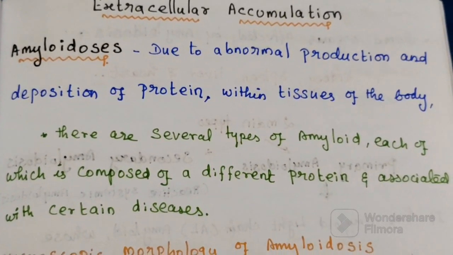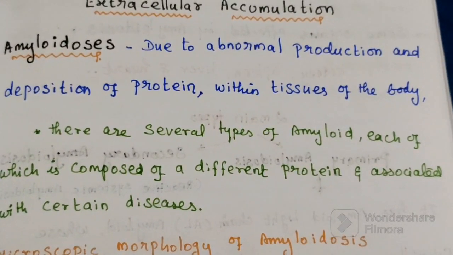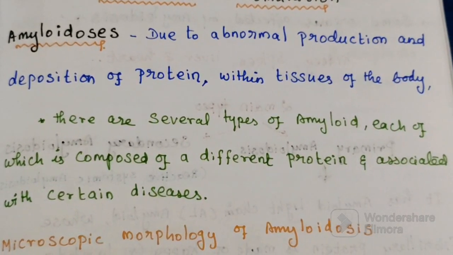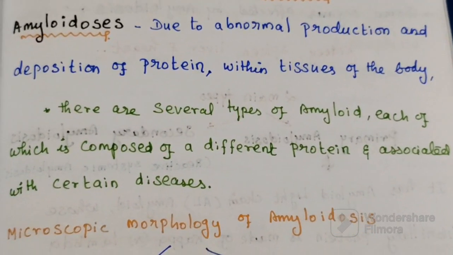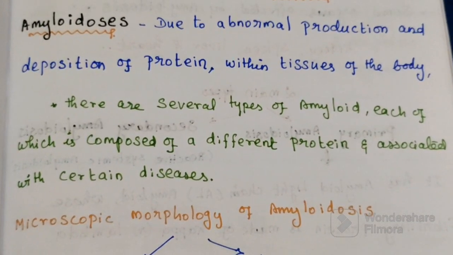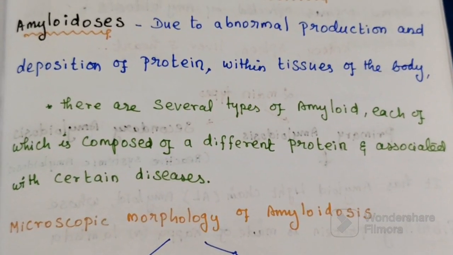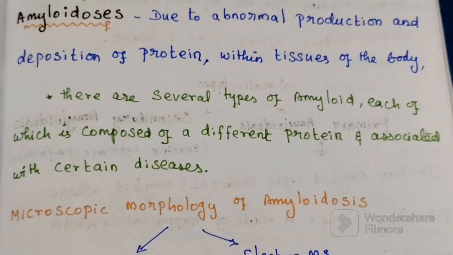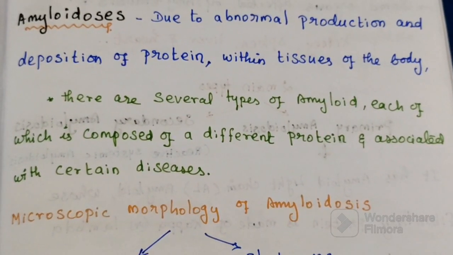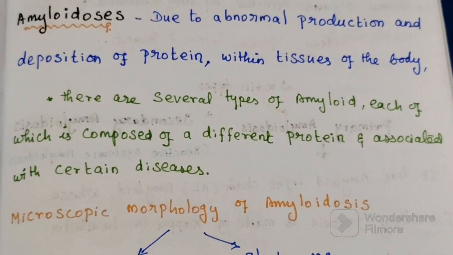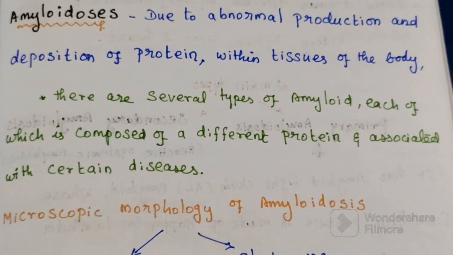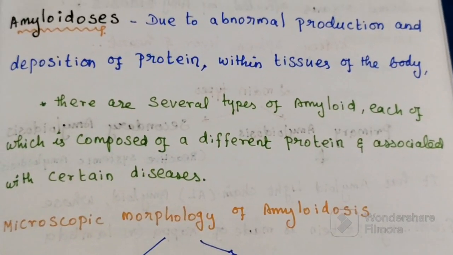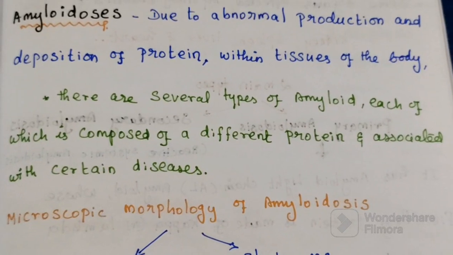Amyloid means misfolded protein, whereas all others are soluble proteins. Amyloidosis is due to abnormal production and deposition of protein within the tissues of the body.